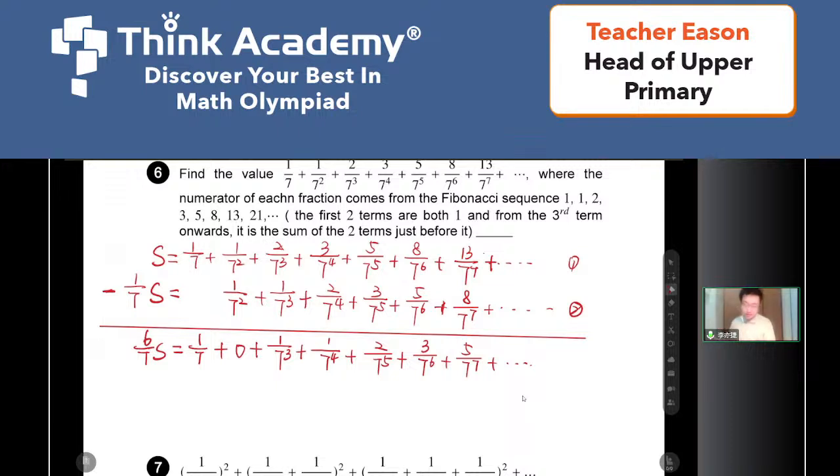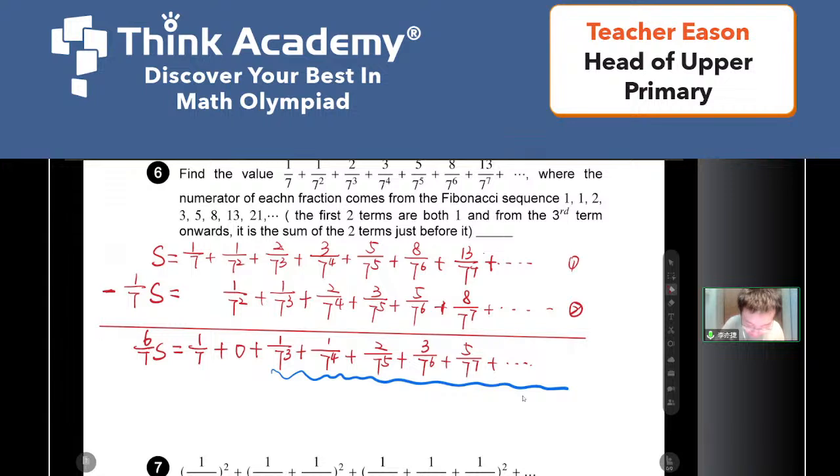So see something interesting. If this is a basic geometric progression, by multiplication and difference we can get the value of x immediately, so we get the answer. But here, no. The difference is also an infinite sequence, right? But look at this infinite sequence, you'll find something similar to the original one.